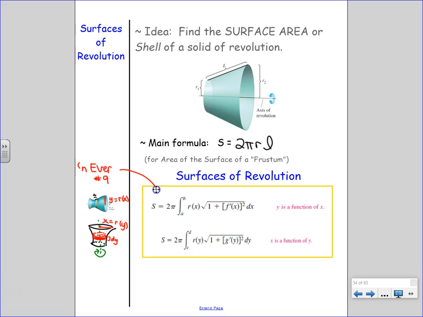If this formula, capital S for surface area, little s for arc length, if you want to call it SA, I don't mind. If surface area equals 2 pi RL for this band, question, where does the error come in?